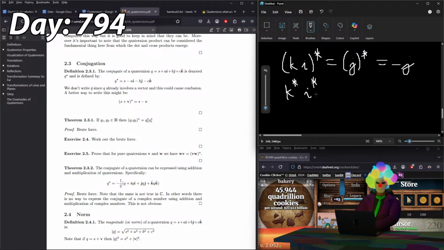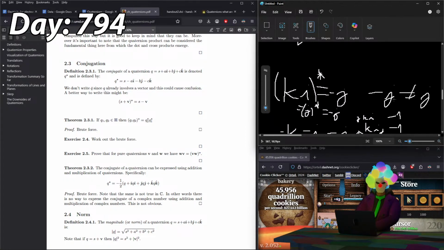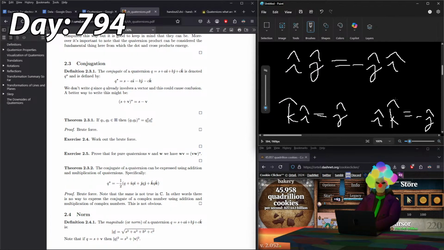And on the bottom, we have K, which is equal to K complex conjugate, which is -K, -I, which is equal to... This cheat sheet. Oh, help me someone, please, with the cheat sheet.